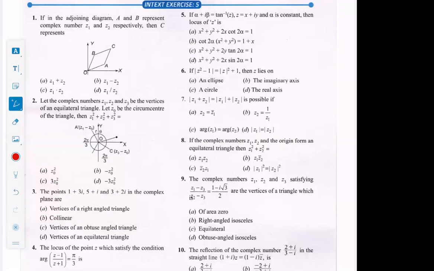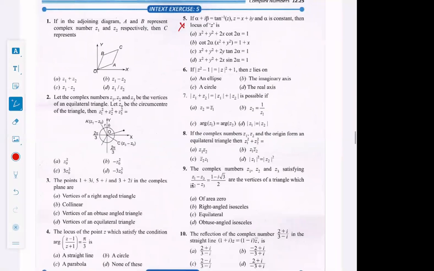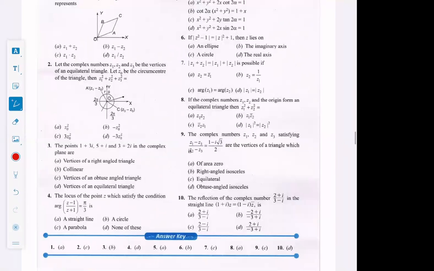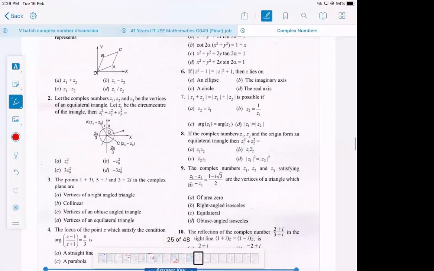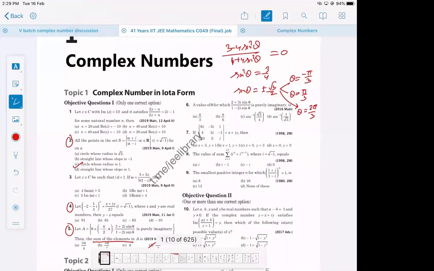This one you have to leave because you have not studied inverse trigonometry till now. So I am giving you some problems from previous years. You may solve them and I will discuss doubts.